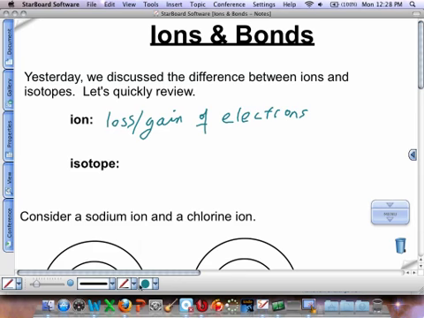An isotope is similar to that, but instead of a loss or gain of electrons, it's a loss or gain of neutrons. Again, that's the big difference between those.